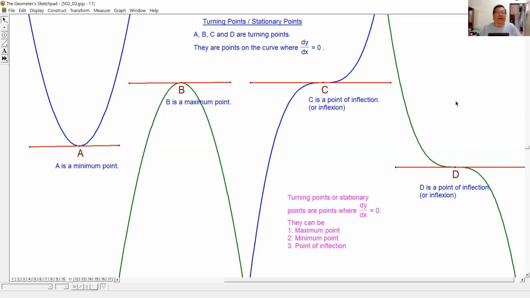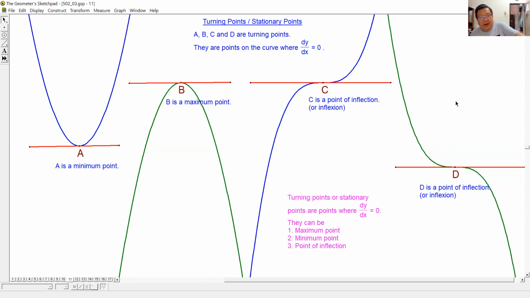Okay, right. Turning points. Now I have drawn four curves: 1, 2, 3, 4. On each of these four curves, I have marked one point.